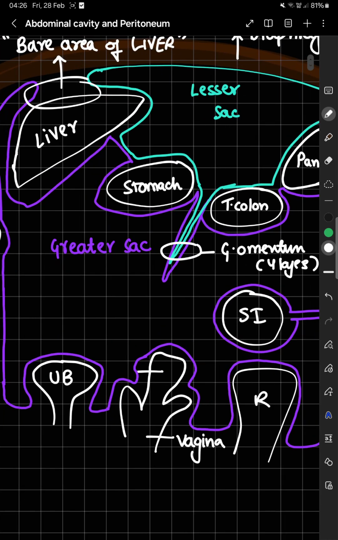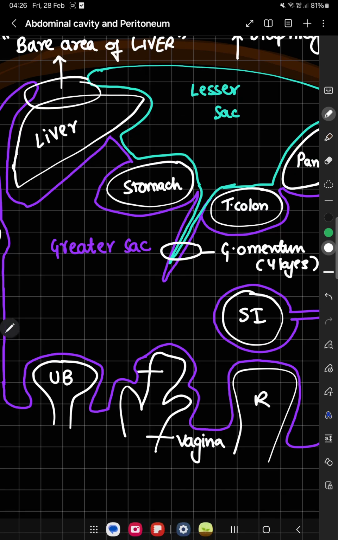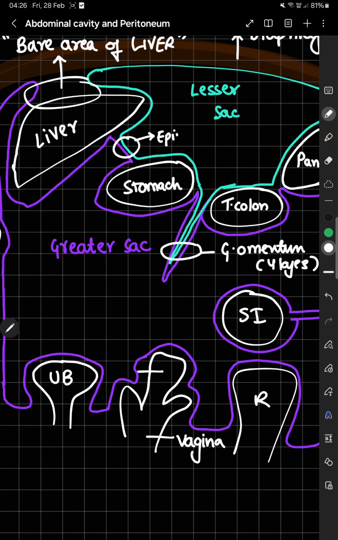So first thing, we know what the greater omentum is. Now we have the thing which acts as a communication channel between the lesser sac and greater sac. This is known as the epiploic foramen, also known as the foramen of Winslow.